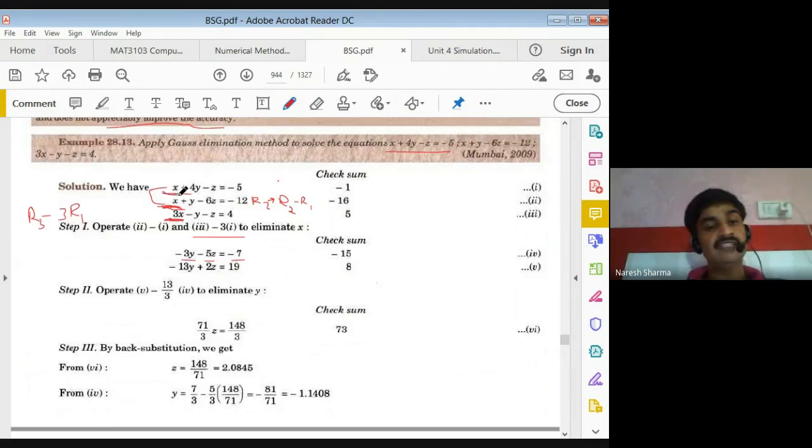So once you multiply this by minus 3, plus 3x minus 3x gives 0, minus 3 times 4, that is minus 12, plus minus 1, that is minus 13, or you simply use this, that is minus 1 minus 3 times minus 1, so that is plus 3.